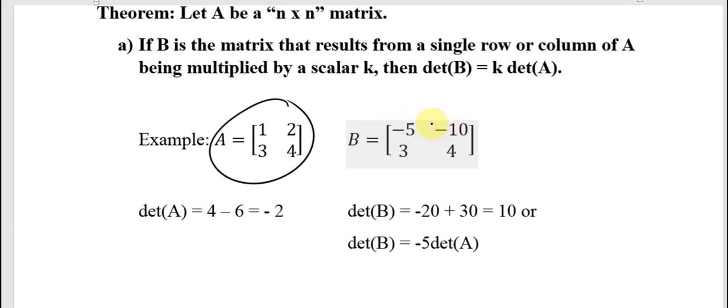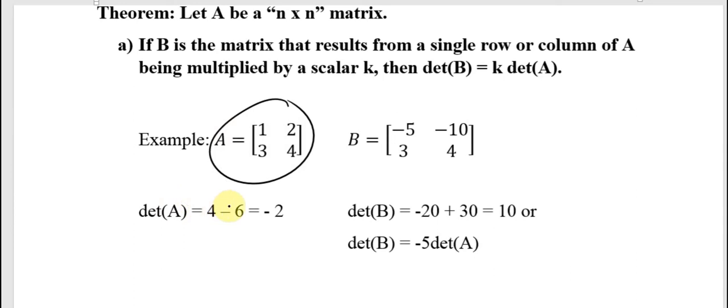If you take out that -5, then you basically have -5 times the determinant of A. So, in a sense, if I know the determinant of A, I can just multiply -5 by it, and that gives me the determinant for B. And that's what I'm showing you here.